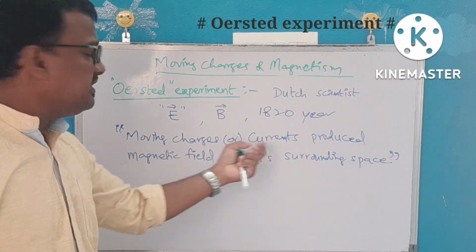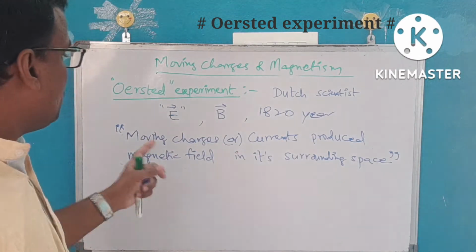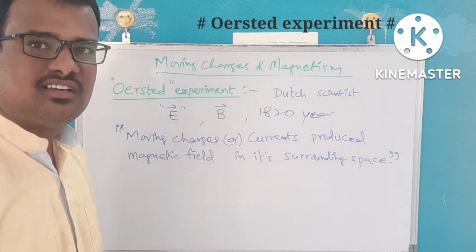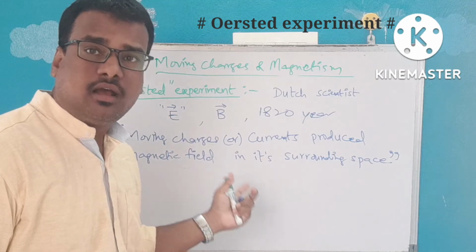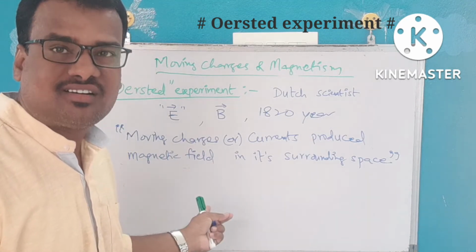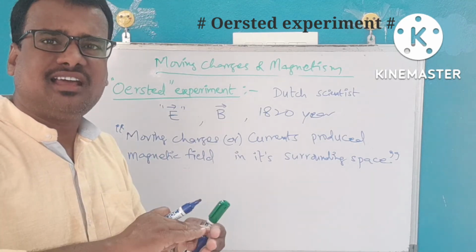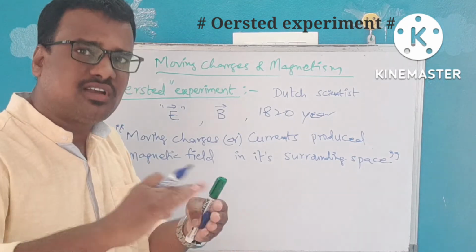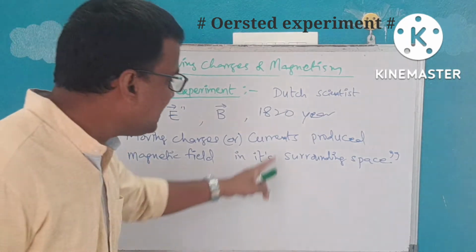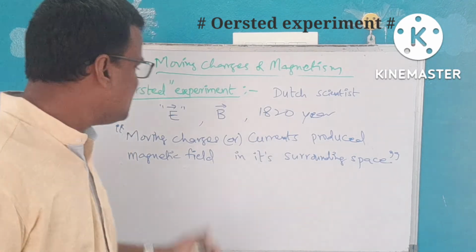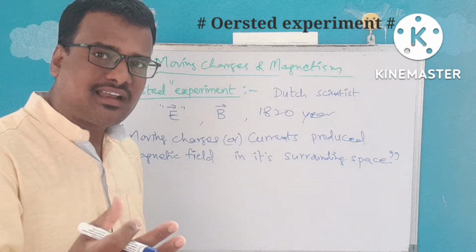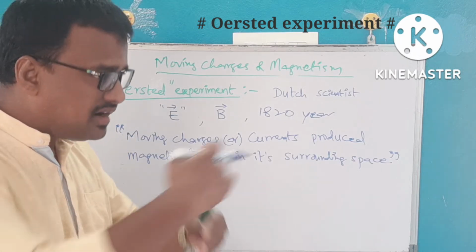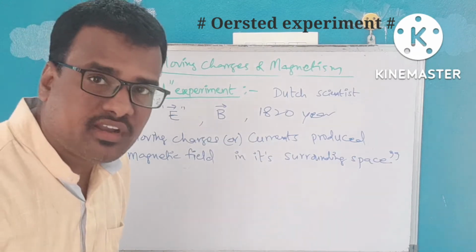Moving charges or currents produce a magnetic field in the surrounding space. Moving charges means the electrons are flowing from one place to another, and that motion of electrons is what we call current. That's why moving charges or currents produce a magnetic field everywhere in their surroundings.